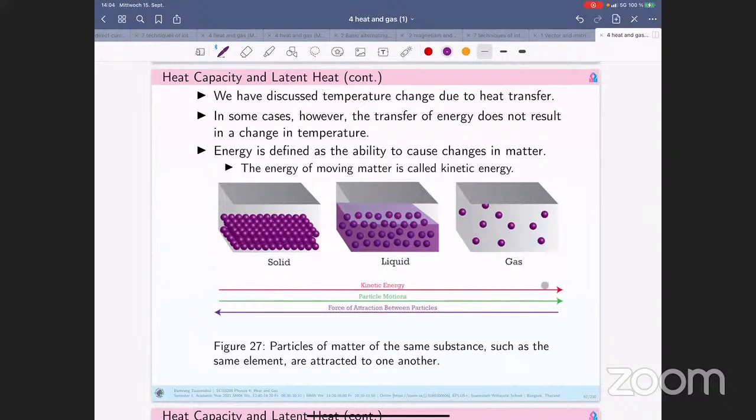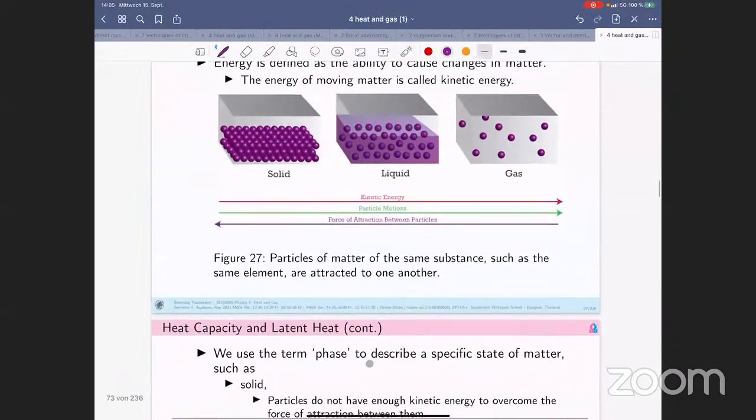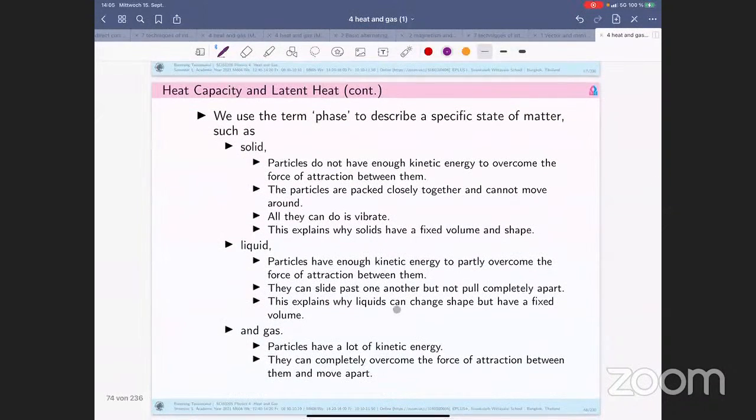Gases have more movement because there is more distance between the molecules, so particle motion takes place more easily than in a liquid. In a solid, the force of attraction between particles is stronger, because the molecules stay close, stronger than in a gas. We use the term phase to describe a specific state of matter.